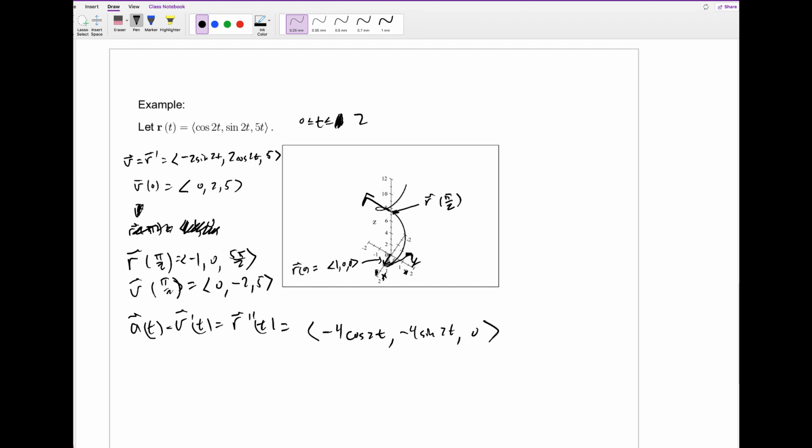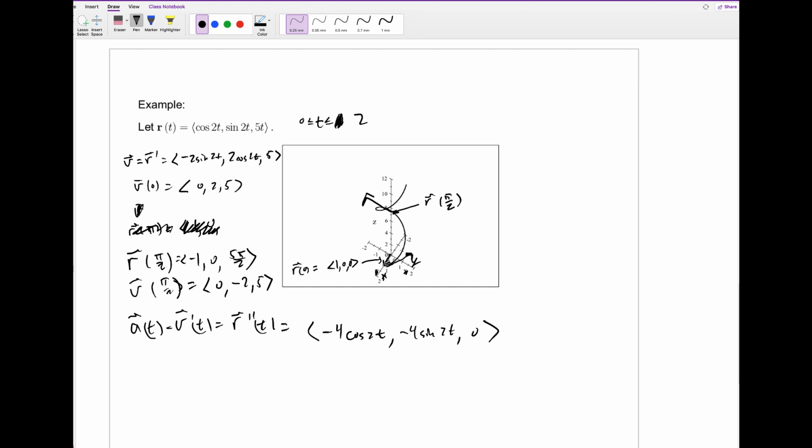One thing you'll see is that other than the scaling factor of minus 4, that looks just like r here with a 0 in the z-coordinate. Because that scaling factor is negative, the acceleration will be in the opposite direction of the position vector, ignoring the z-coordinate.